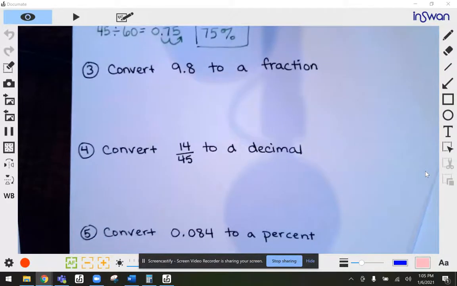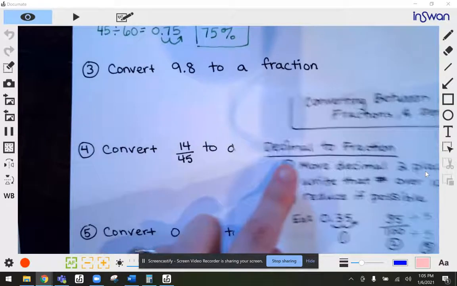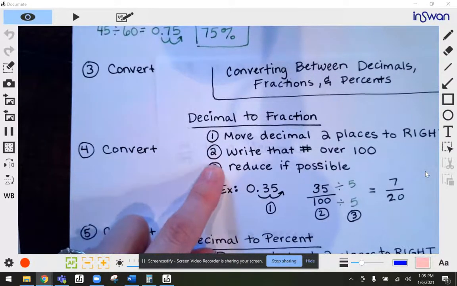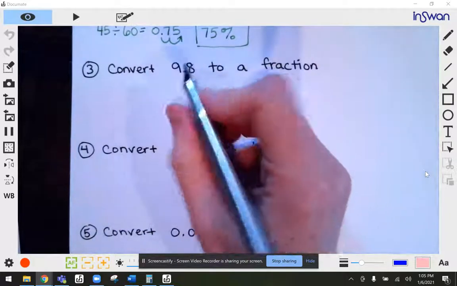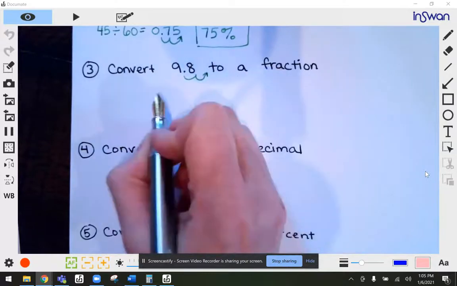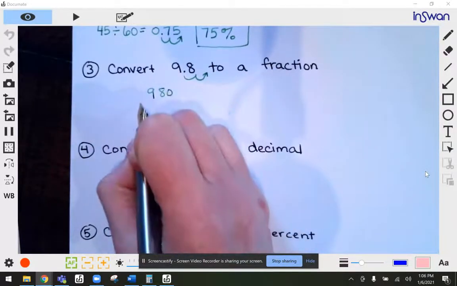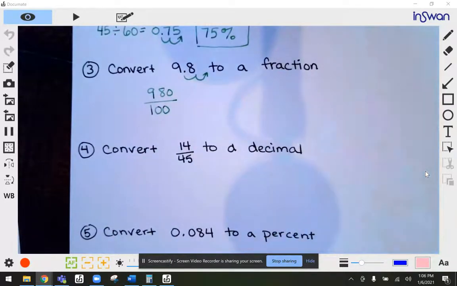Okay, here I'm going from a decimal to a fraction. So check your notes out. Move decimal 2 places to the right, write that number over 100 and reduce. So 2 places to the right, that's 1, 2. I'm going to have to add a 0, so that's 980 now. Write it over 100 and then reduce if possible.